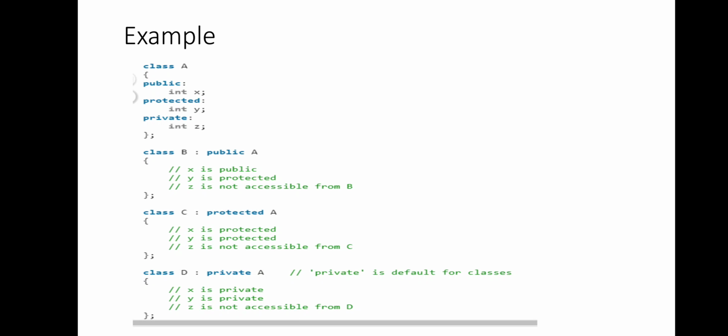In class C, that is protected to A, X is protected, Y is also protected, Z is not accessible for C. In case of D, that is private to A, X, Y are private and Z is not accessible.